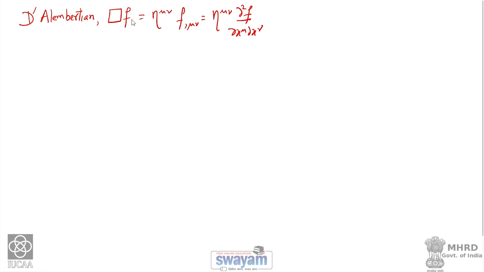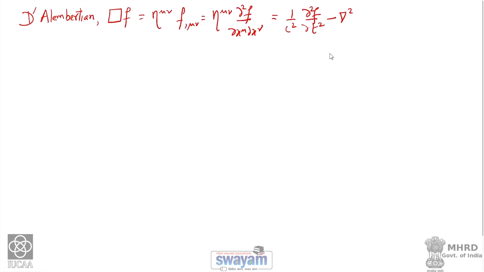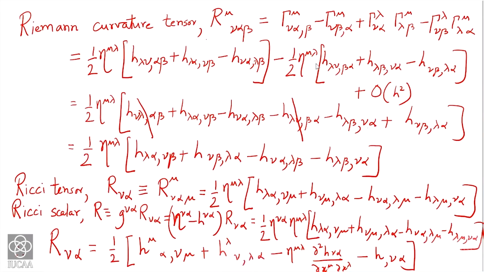And because my eta mu nu is a diagonal object, eta 0 0 is plus 1, eta 1 1 is minus 1, and so on, this is nothing but 1 over c square del 2 f by del t square minus the Laplacian of f. All right. And hence, what we have shown is that this object is indeed the d'Alembertian, and there is an h here which is also appearing.